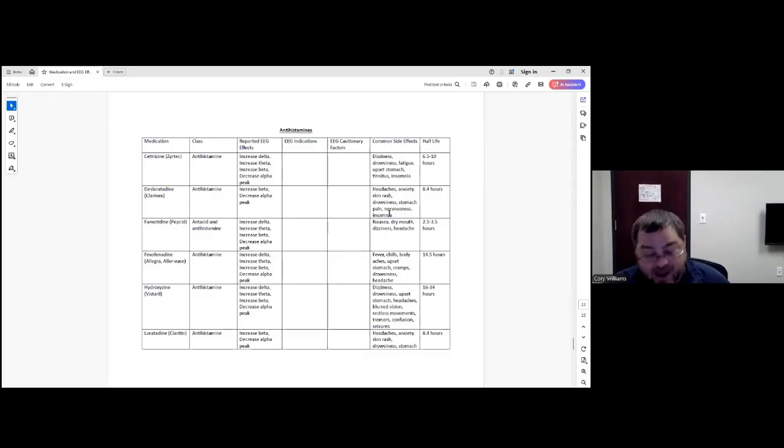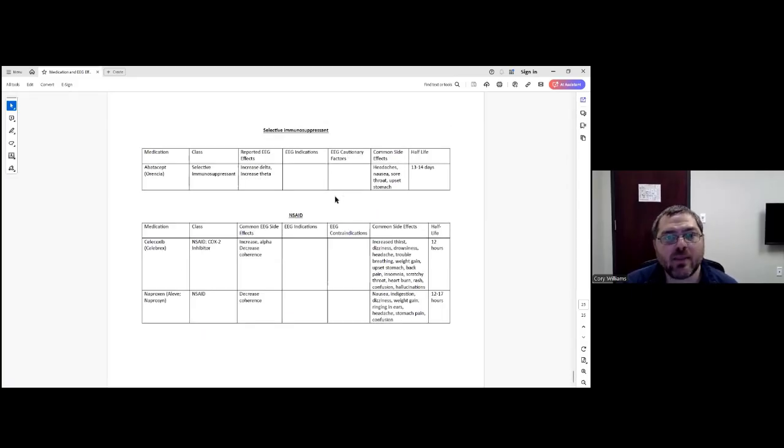Antihistamines you will see during allergy season for sure. These will sometimes decrease alpha peak. It kind of depends. Sometimes they'll increase beta. Like I said, the only one that we really see in psychiatric meds is hydroxyzine, but there's a couple others on here with noted EEG effects, so we try to take note of that when we can. And then these are a couple that I have come across from other clients, who tell me what meds they're taking and we come across some new stuff.